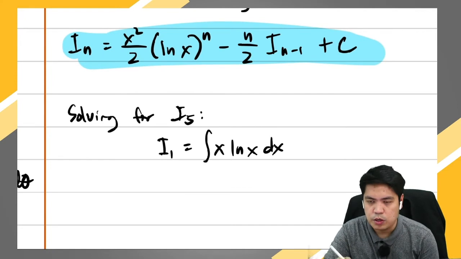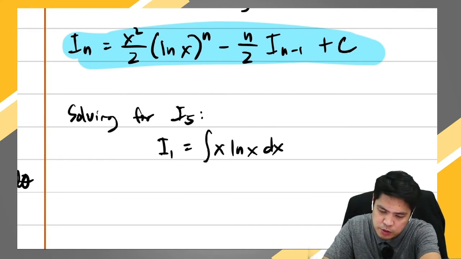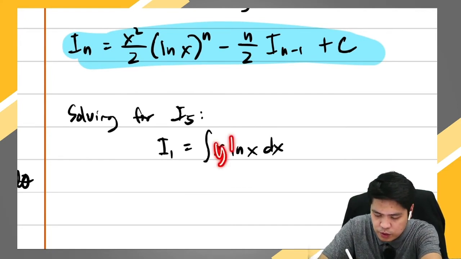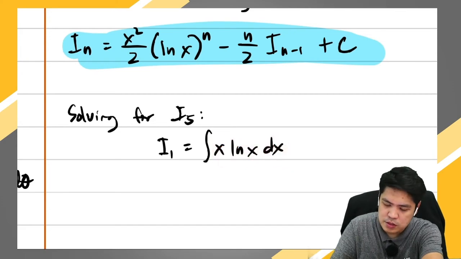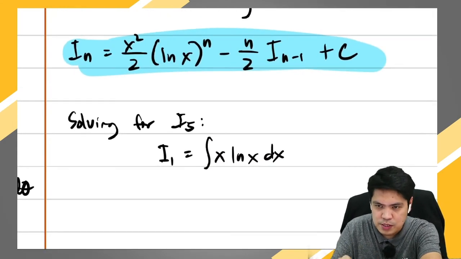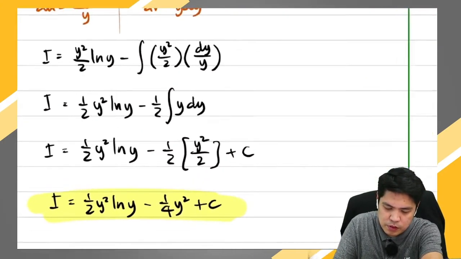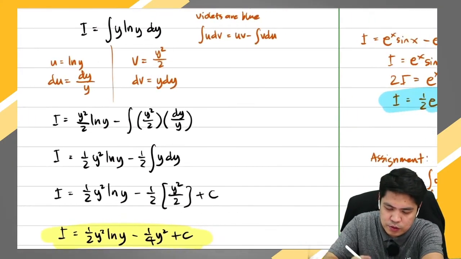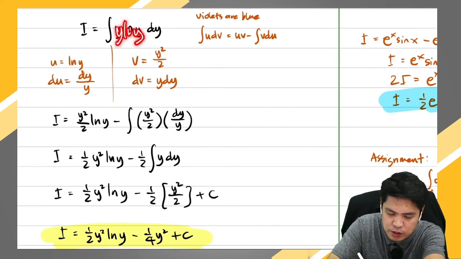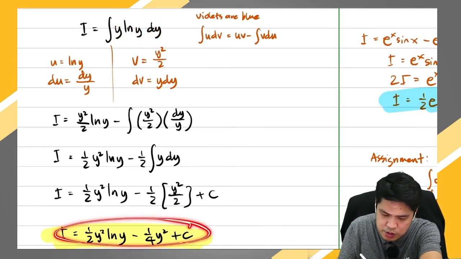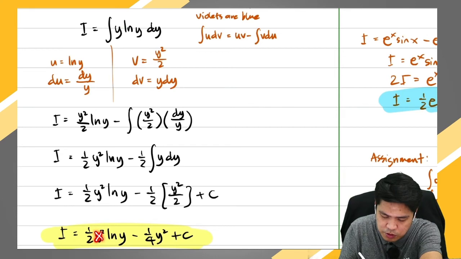Okay, let's solve for I sub 1. So for I sub 1, this is familiar because we already solved integral of y ln y dy in our previous example. So hanapin na lang natin. So for the integral of y ln y dy, we have this. So we'll just change the variable to x.